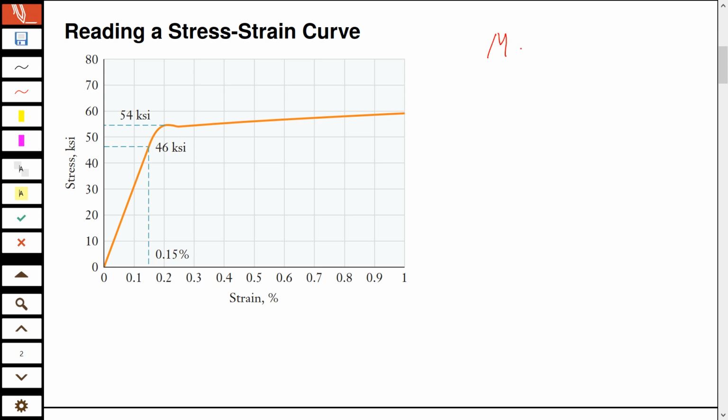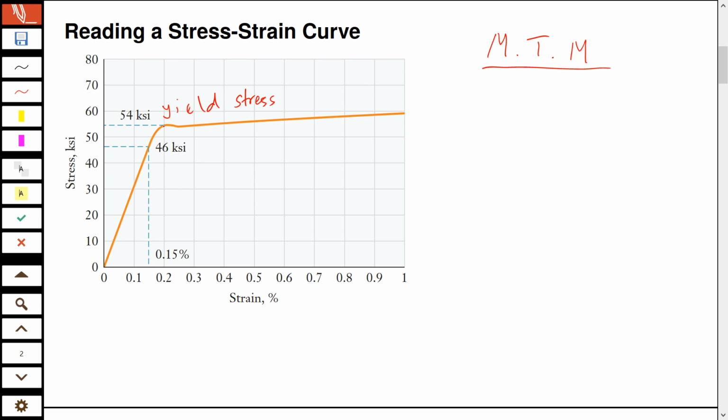So you will get something like that. In this example, it was easy to spot the yield strength. This is called yield strength, or you can also call it yield stress.